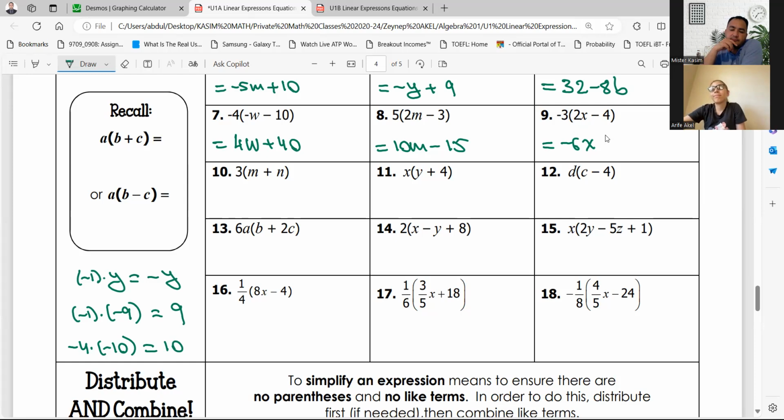Negative 3 times negative 4 is positive because negative negative is positive, right? And 3 times 4 is 12. Right? Okay.